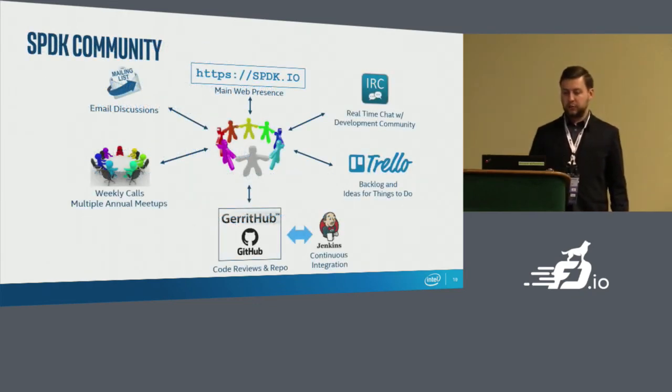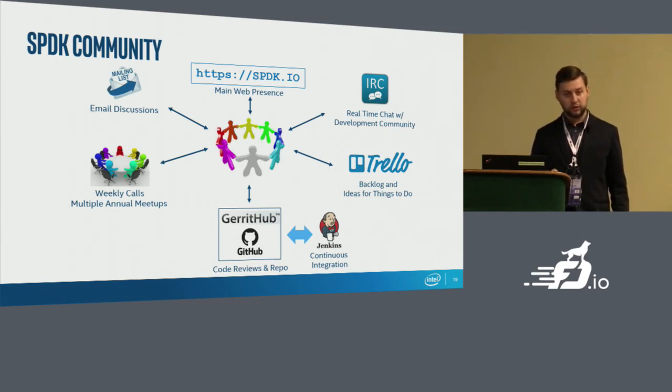So, SPDK community. We have all of our code on GitHub. We do public reviews using GitHub. You can see what's coming via our Trello. If there are some things, you can pick them up, smaller and bigger tasks. You can reach us via our mailing list and IRC in real time.